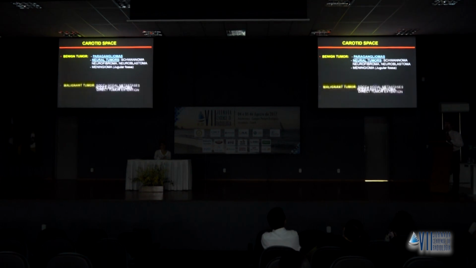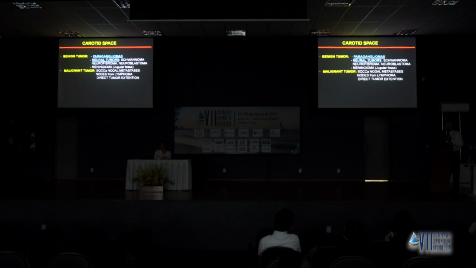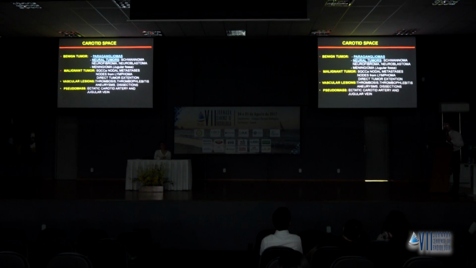Malignant lesions, we're not going to talk much about that, except for the squamous cell carcinoma lymph node metastasis. They fill the carotid space. And then there are pseudotumors and pseudomasses like ectatic carotid artery, jugular vein thrombosis, and so on.